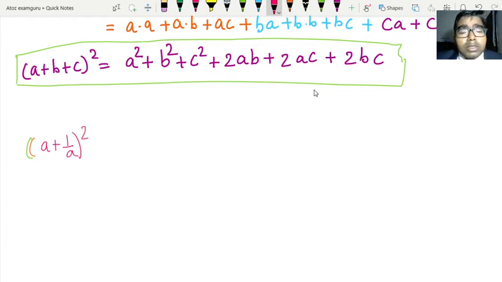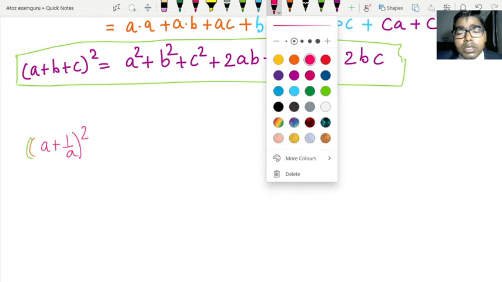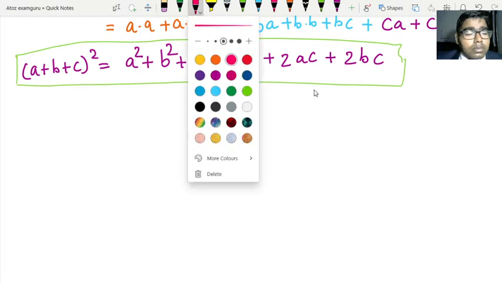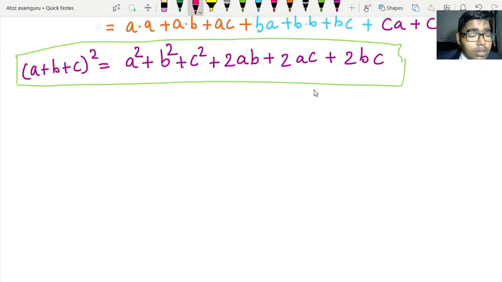This pen is very less thick, so let us increase the thickness. So first of all remove all this stuff. Now take another pen. a plus 1 upon a whole square, right?